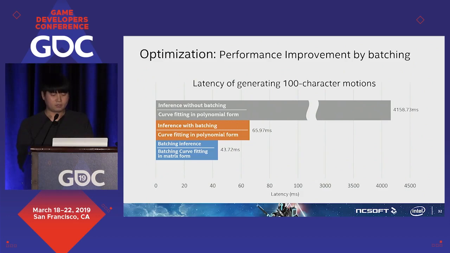For the second test, we computed the inference task with batching, while still performing curve fitting in polynomial form. Then the latency was drastically reduced to about 66 milliseconds. And finally, we processed curve fitting in matrix form along with inference tasks, processing both of them in batches. In this case, the latency was reduced even more, to about 44 milliseconds.